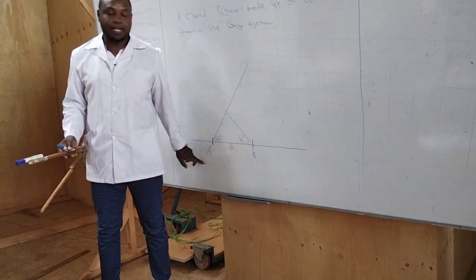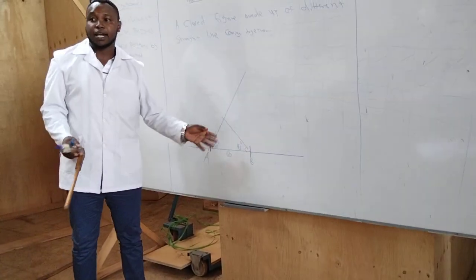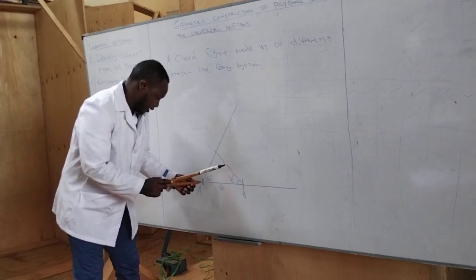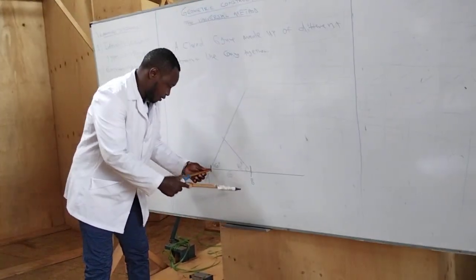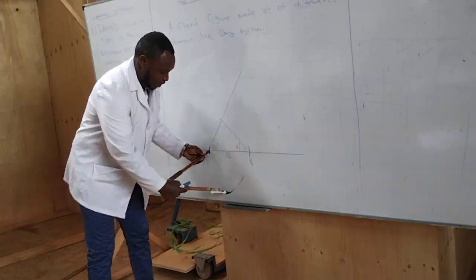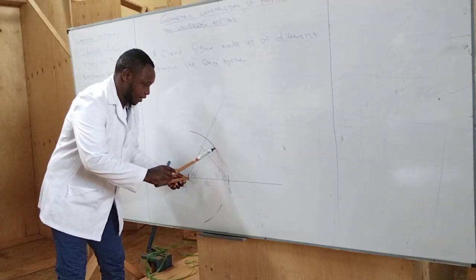Bisect line AB, or draw a perpendicular line to line AB this way. You stand at A. You adjust your compass, mark an arc down, mark an arc upwards.